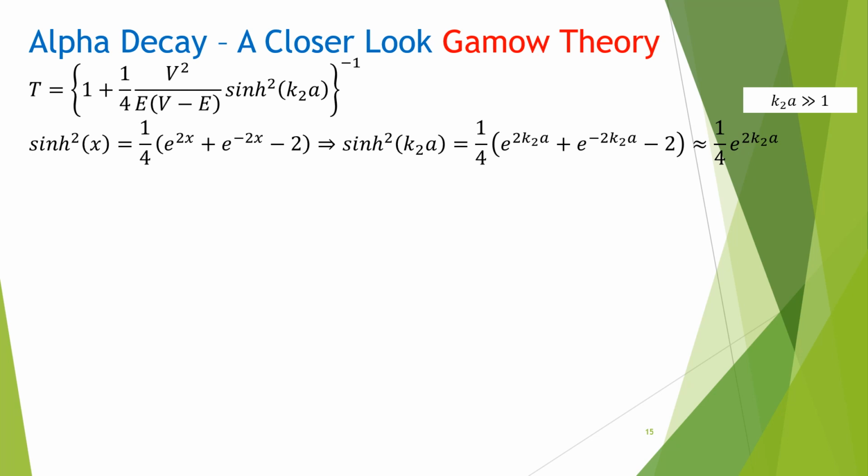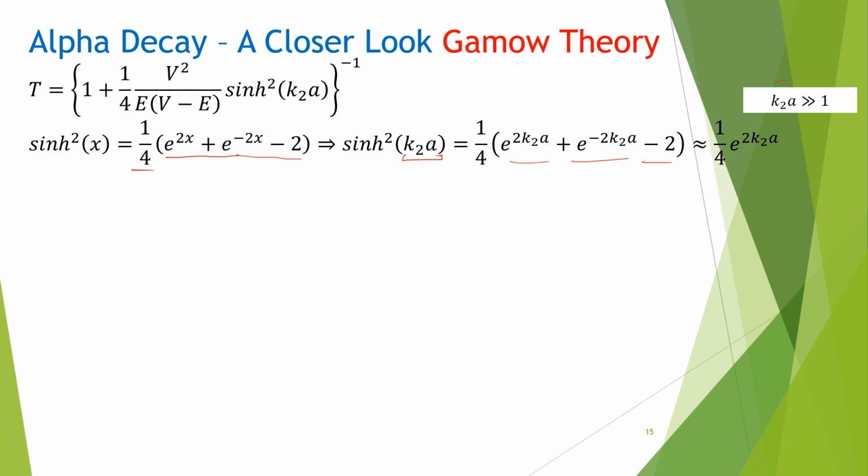Now I am writing some expression as sin square x equal to 1 by 4 e to the power 2x plus e to the power minus 2x minus 2. So this identity I am exploiting, and instead of x I am interested in K2A. So here this expression is 1 by 4 e to the power 2 times K2A plus e to the power minus 2 times K2A minus 2.